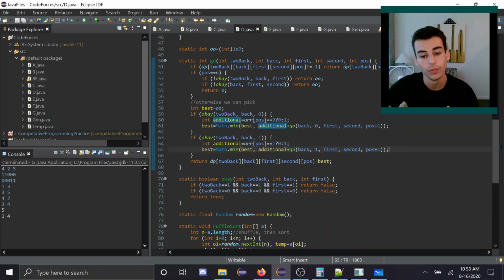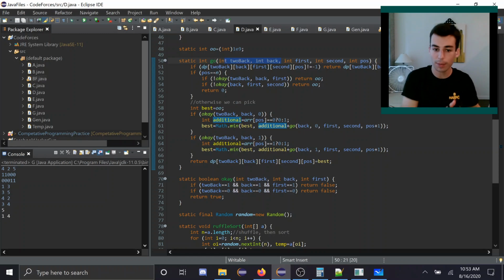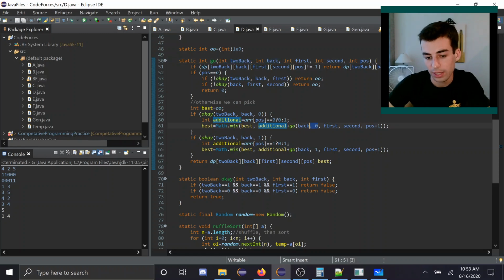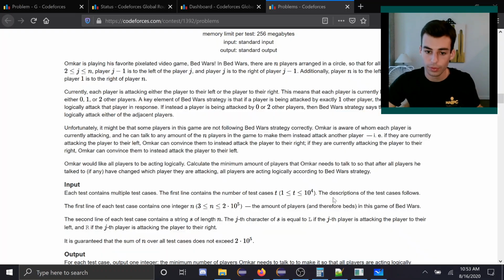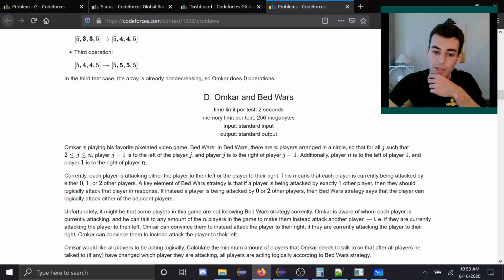Otherwise, you place a 1. The transitions are just, these are like back and 2 back, or what's 2 behind you, what's 1 behind you. So move those back by 1, and then place this new thing here. And then your position gets incremented by 1. The first and second things stay the same.